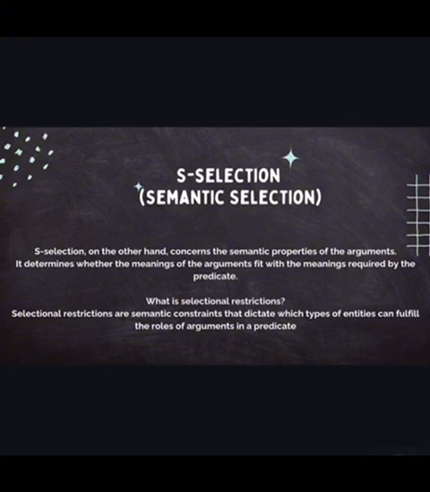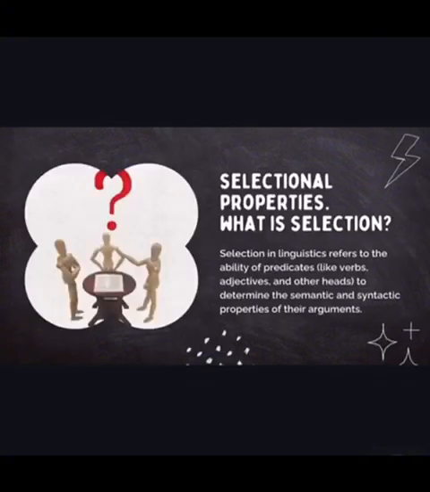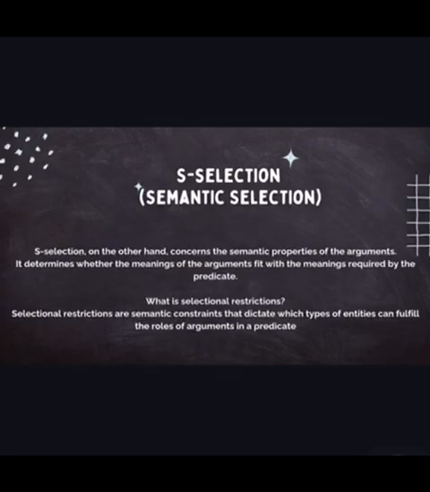For example, the verb run selects for animate subjects, meaning it cannot logically combine with any inanimate subject like a tree. What is selectional restriction? These restrictions are crucial in understanding how words interact within sentences, as they help determine the appropriateness of word combinations based on their meanings.